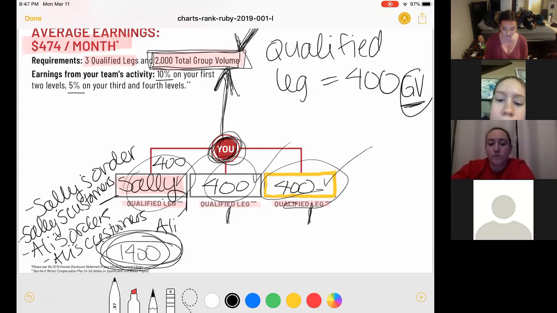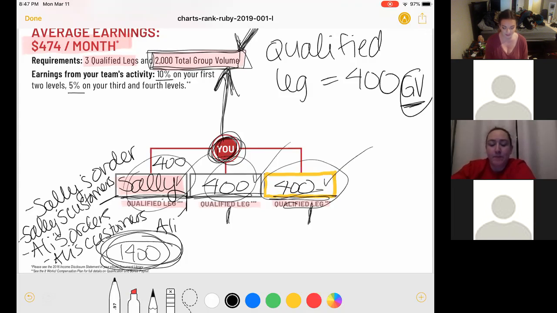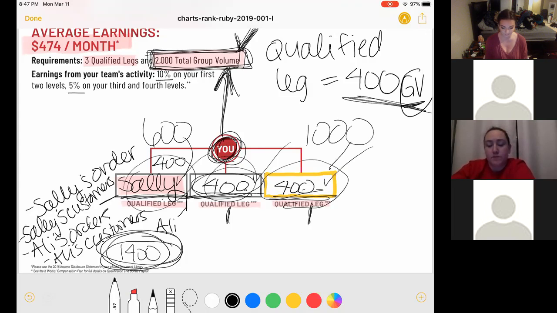After each of these boxes have the 400, it doesn't matter where else it comes from. It can be 600 here from Sally, 1,000 here from this person, and then just 400 there. As long as the total comes up to 2,000, and you have 3 distributors who total 400 group volume, you will be Ruby.